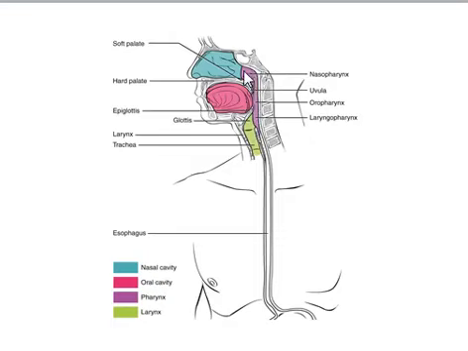This is the upper one, which faces the nasal cavity. We call it nasopharynx. And this one faces the oral cavity. We call it oropharynx. While the part behind the tongue, the base of the tongue, and the larynx, we call laryngopharynx.